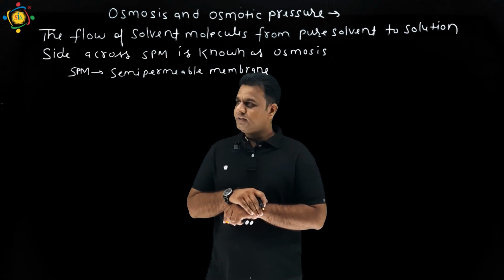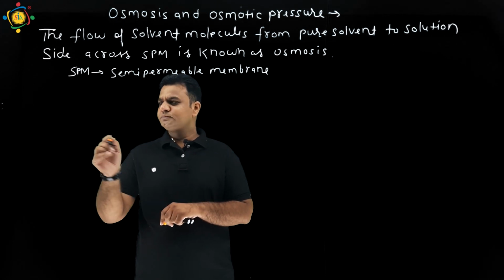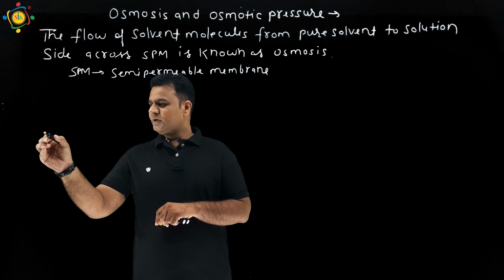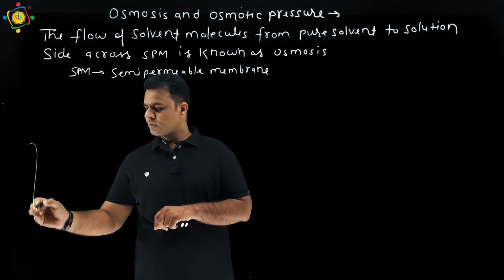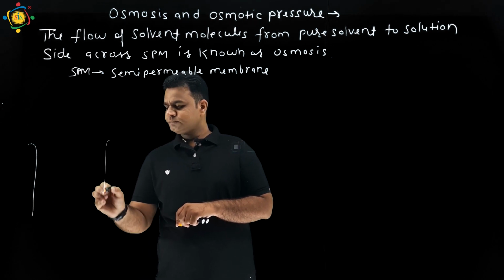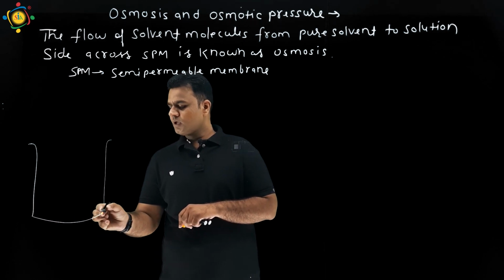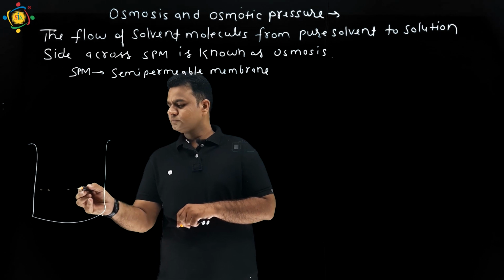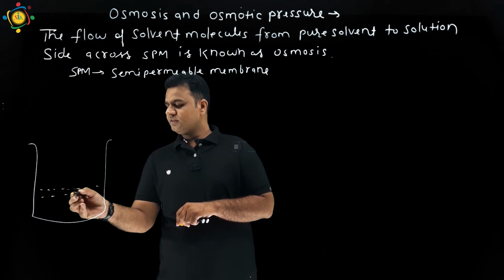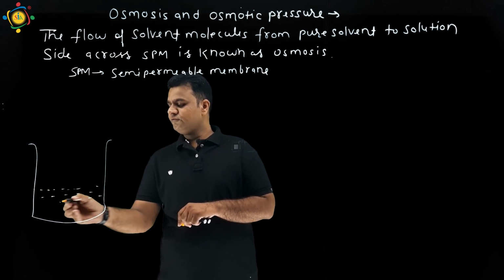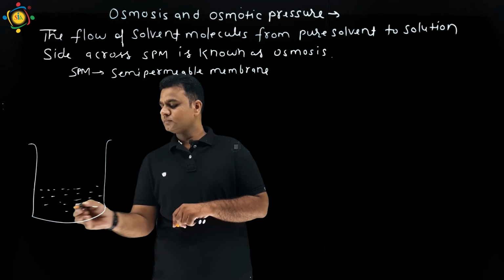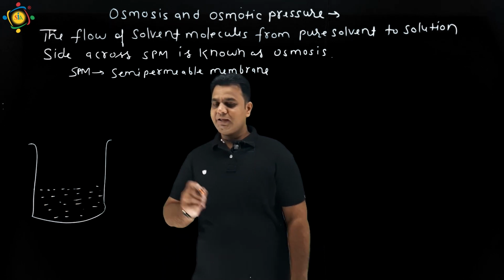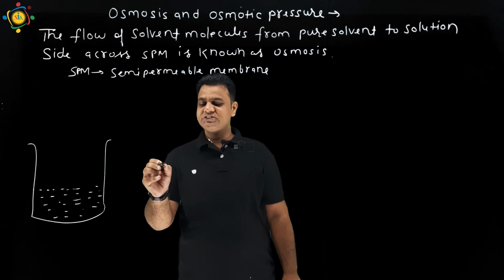So to understand the osmosis phenomenon, we construct a diagrammatic representation. Students, we take a beaker filled with water and a special funnel known as Thistle funnel.